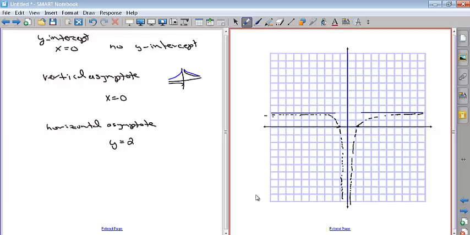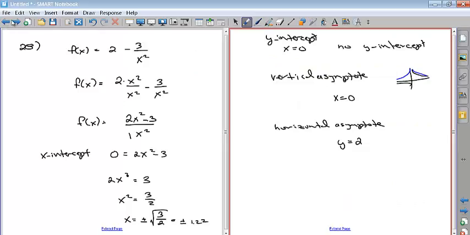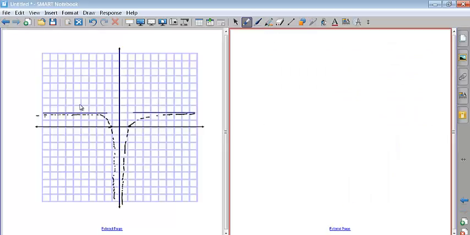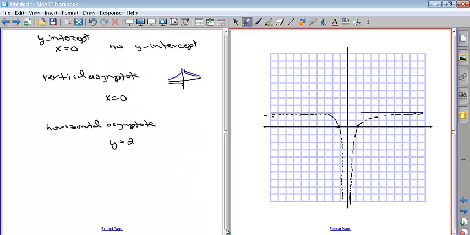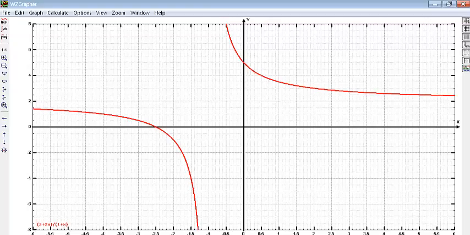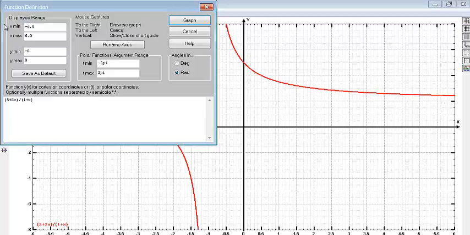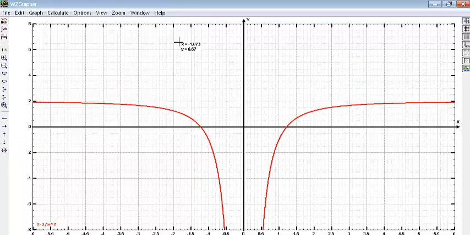Okay, so let's plot that out, and we'll do it with the beginning formula. It's 2 minus 3 over x squared. So we have 2 minus 3 divided by x squared. There it is.